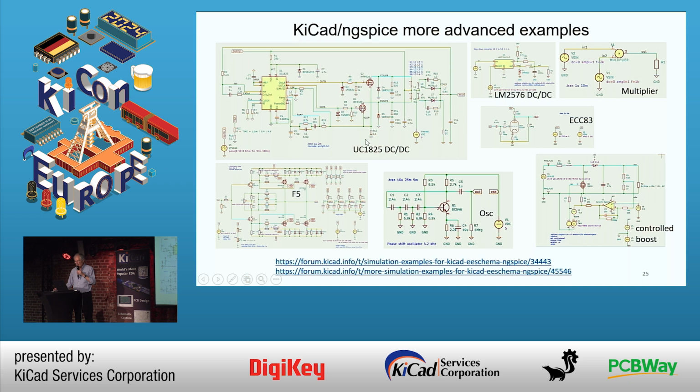For example, a DC-DC converter using a specific IC, another DC-DC converter using another specific IC, or a DC-DC converter made of basic building blocks just to learn how the thing is working. You have the switch, you have a pulse width modulator circuit, and you have the error amplifier, and you can just play around with these to learn.